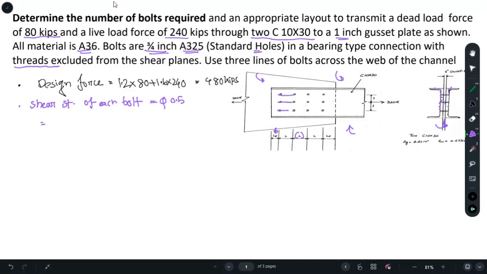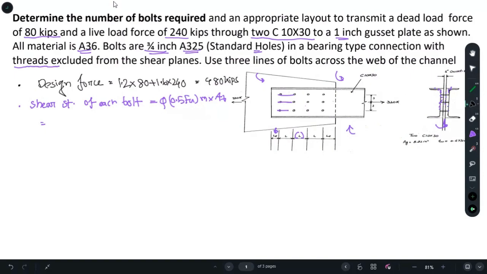You can use 0.5 when your threads are excluded from the shear planes. If your threads are in the shear plane, then you'll use the factor as 0.4, times Fu, and then you multiply it with m and Ab. Here m is the number of shear planes and Ab is the cross-sectional area of your bolt.